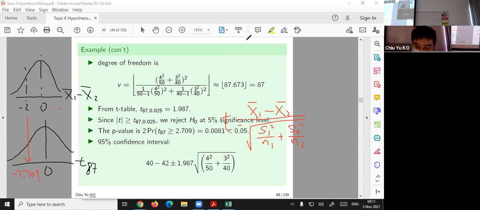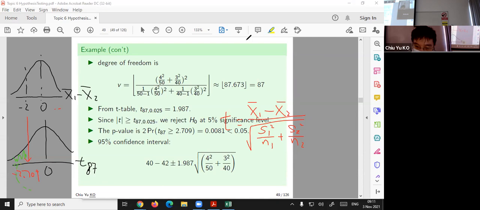Let's do the p-value method first. For -2.709, the p-value is the green area times 2, again because it's a two-sided test. To calculate this, just to remind you, it's the area on the left.